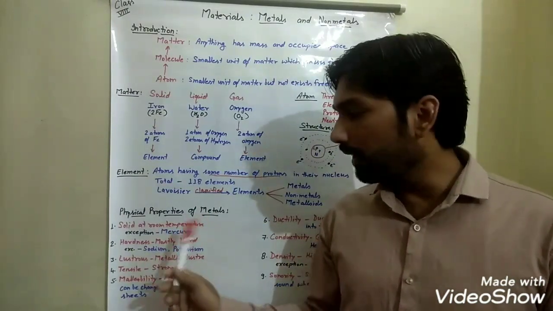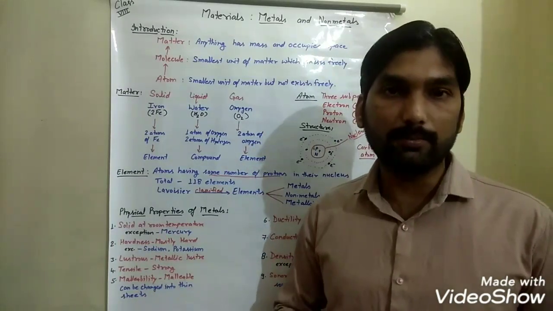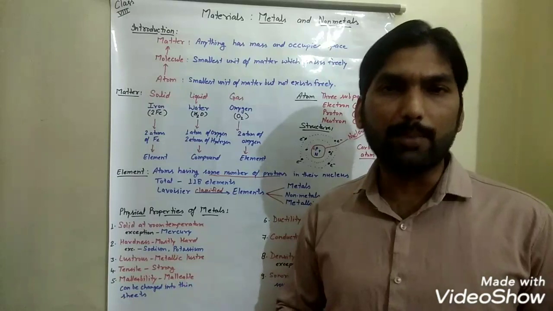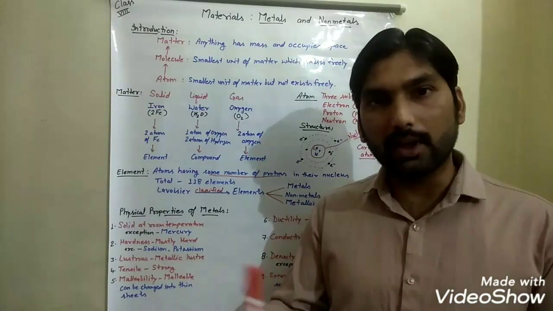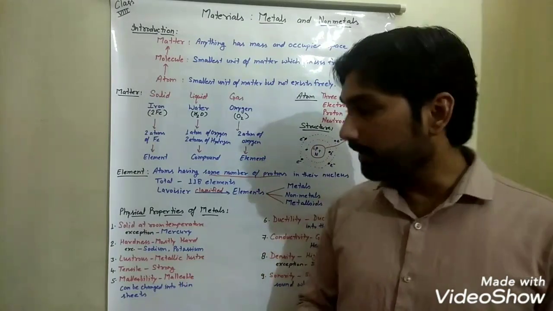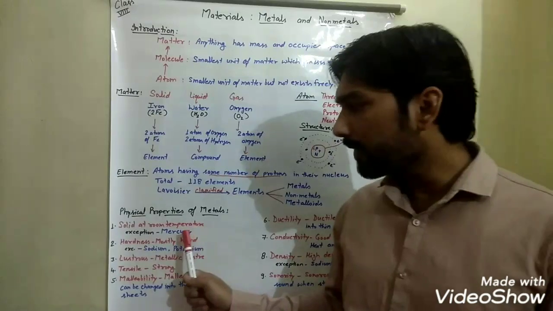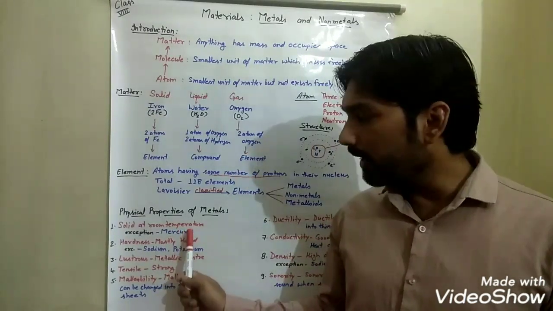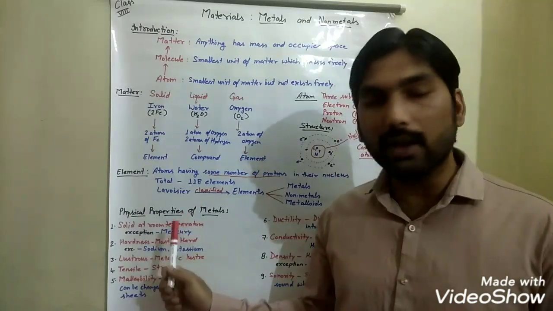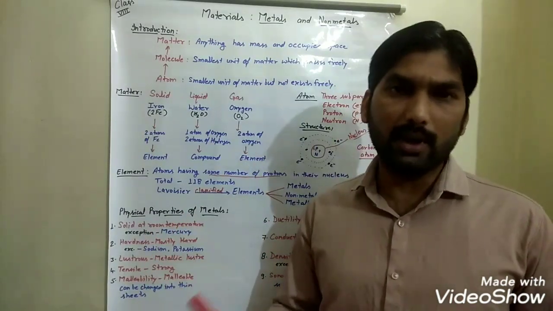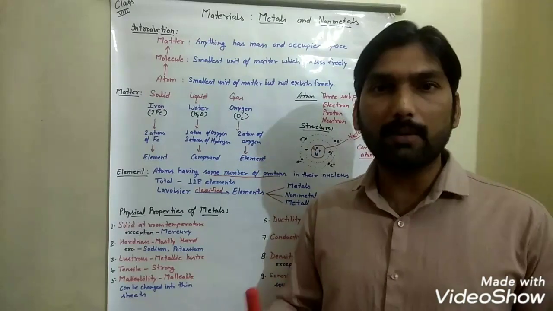You know mercury is filled inside thermometers to measure the temperature of the human body or any other liquid in our surroundings. So mercury is the exception among metals, present in liquid form at room temperature, but all other metals, like you have seen copper, iron, gold, silver or platinum, these all are what?